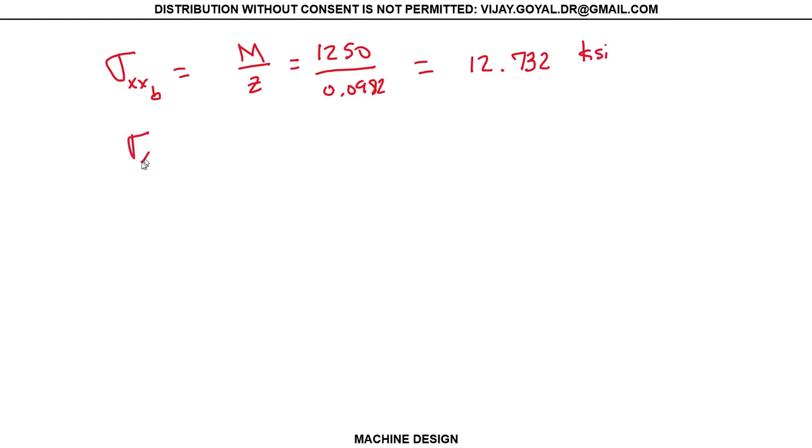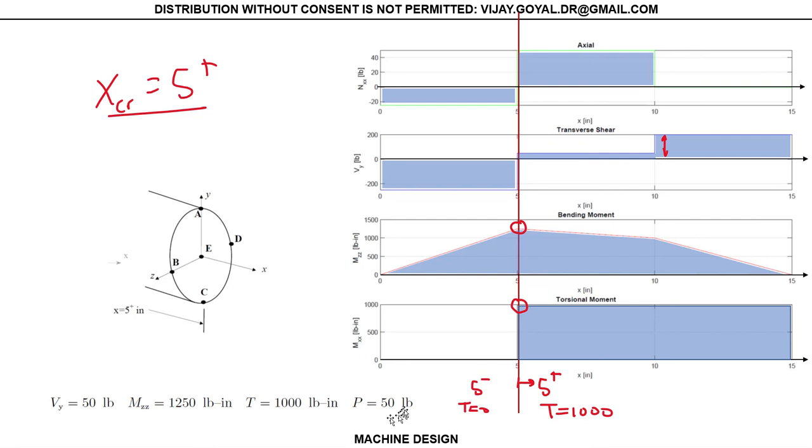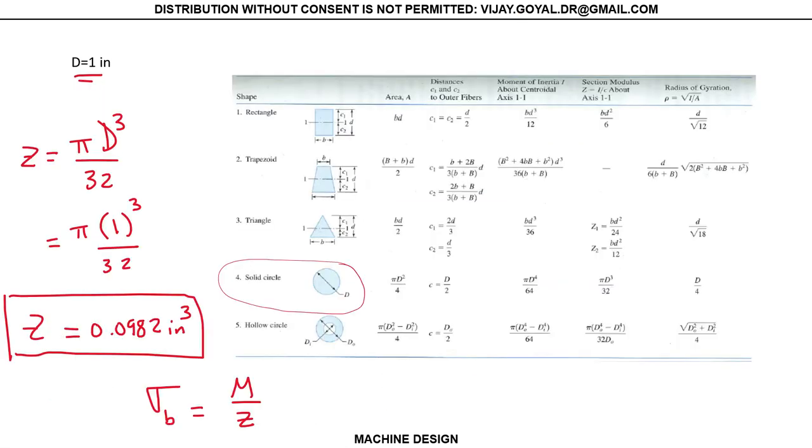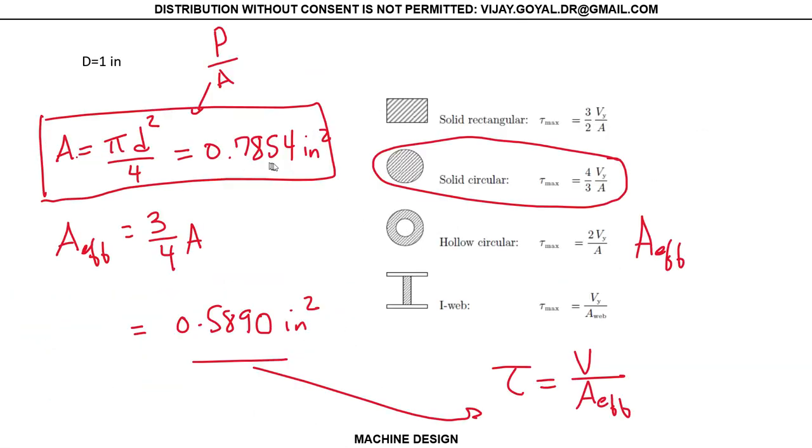If I calculate what my axial load is, this would be Nxx divided by A. This was 50, again, comes from here. They have the value of 50. And my area is 0.7854.